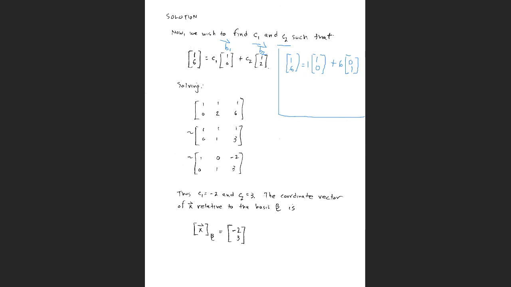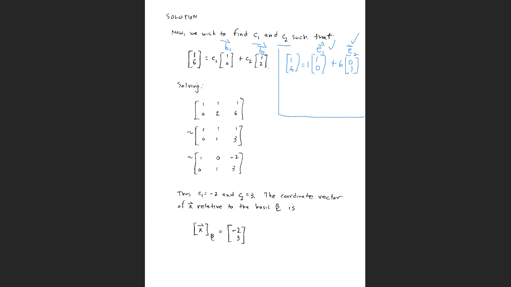And that's, of course, 1 times the vector E1 plus 6 times the vector E2. So we have no problem thinking about the vector 1, 6. The coordinates are 1, 6, but they are 1, 6 relative to the basis consisting of E1, E2 vectors.